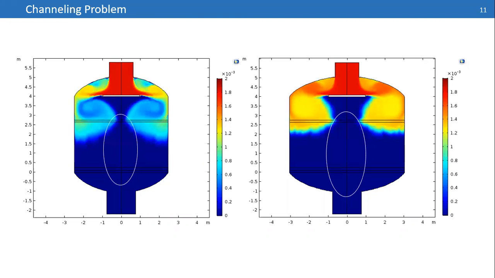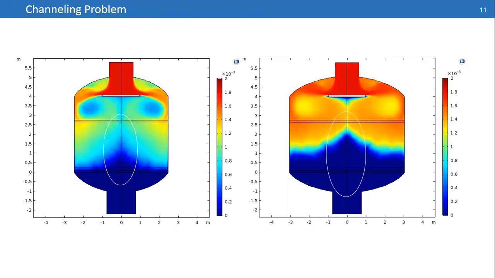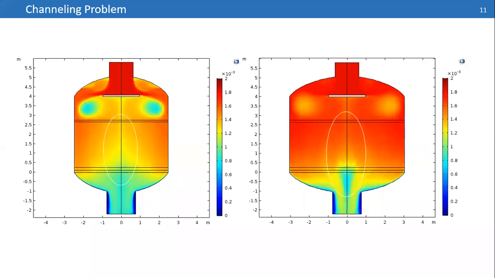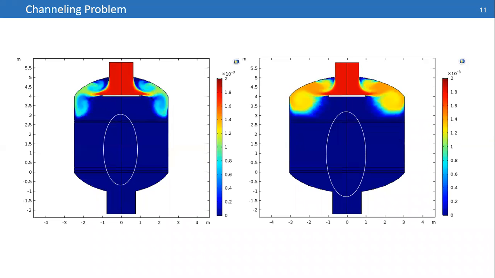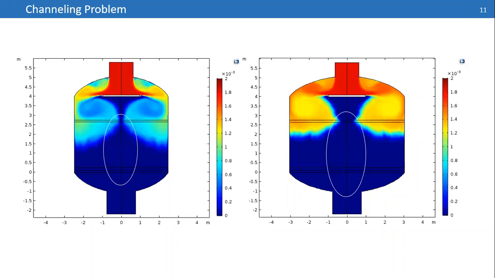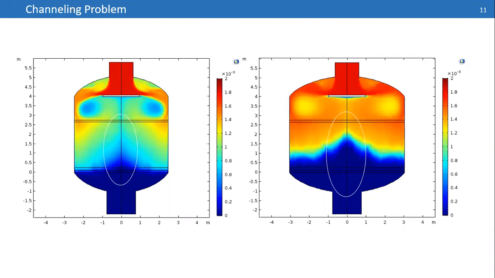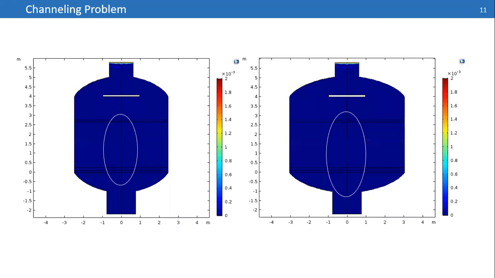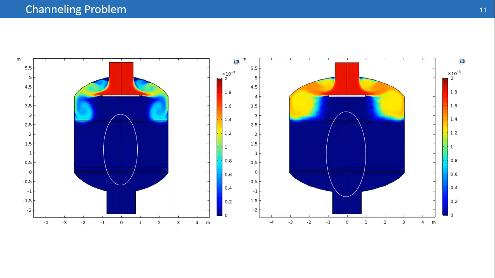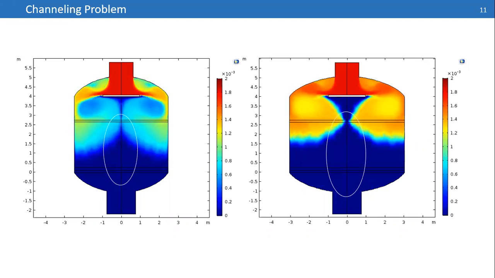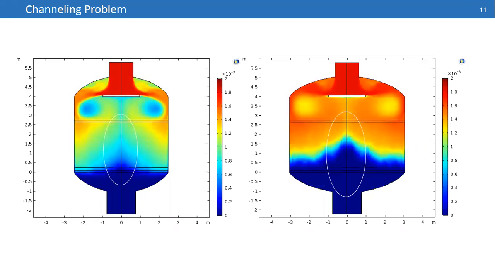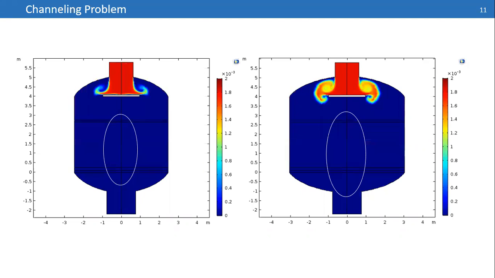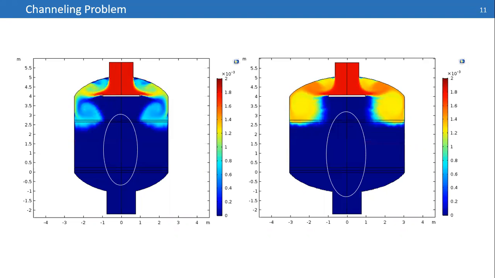When you are going to do your simulation, in each type of reactor that you are dealing with, you need to know what is the distribution, what is the residence time of your reactants in your reactor. This residence time is very helpful to give you this idea of what would be your conversion finally.